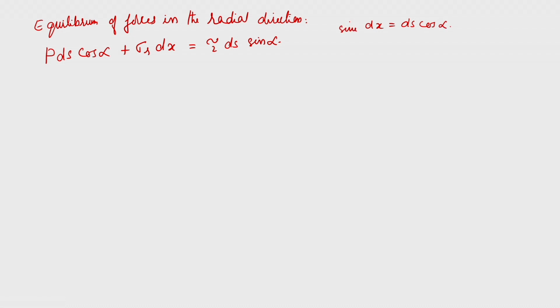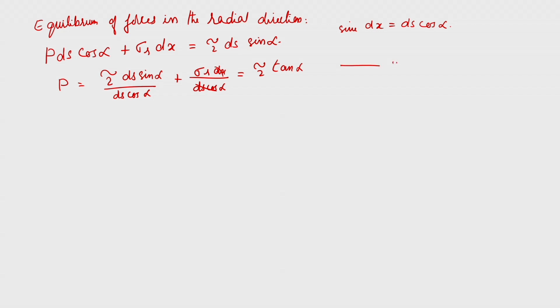Since dx is equal to ds cos alpha, with simple mathematical manipulation we can write P as tau ds sin alpha by ds cos alpha plus sigma r into dx by ds cos alpha. So this and this will get cancelled, and P is equal to tau tan alpha plus sigma r. This is equation number 3.